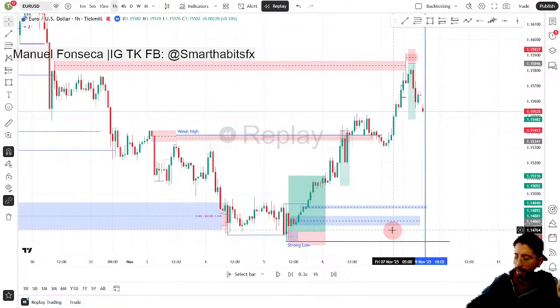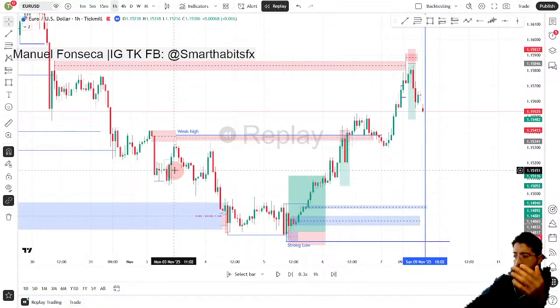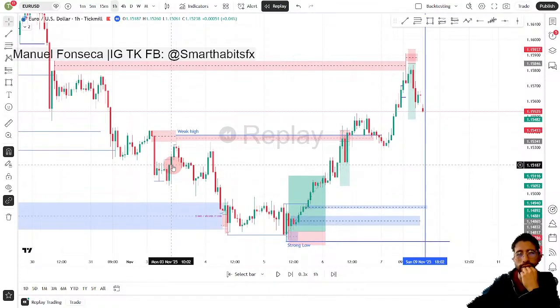And I have to do the same backtest with the GBP USD. I'm just doing backtesting in the euro, but I'm going to do the same with the GBP USD. Those are the only pairs I execute orders on or work with.